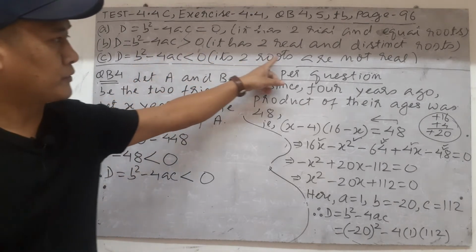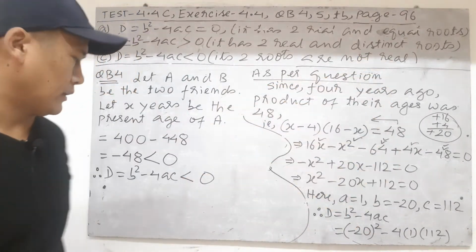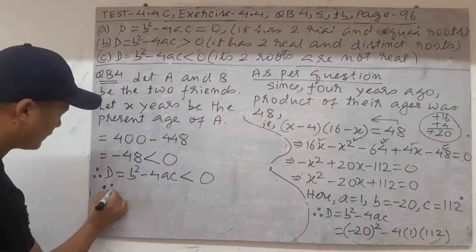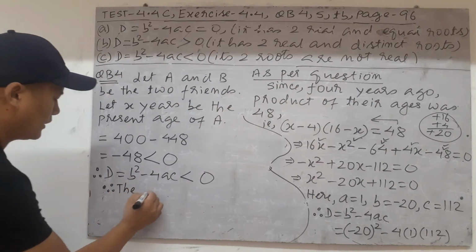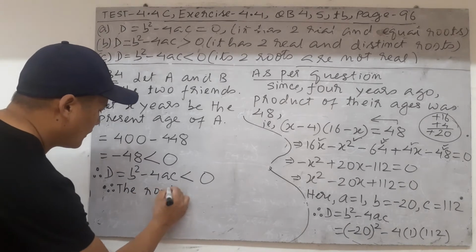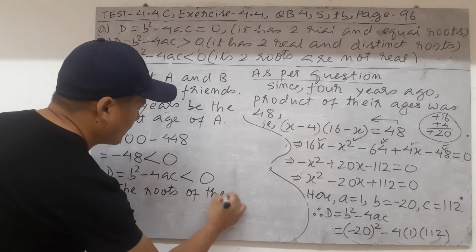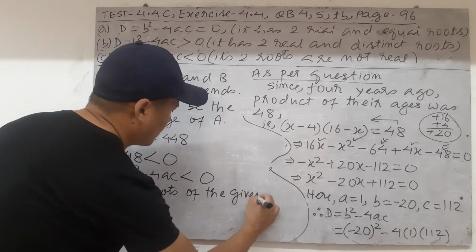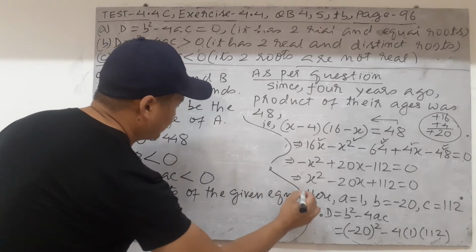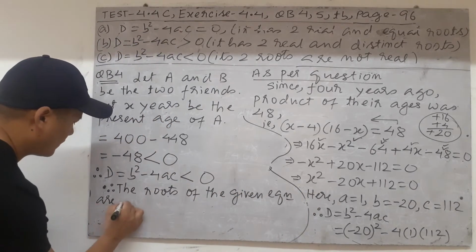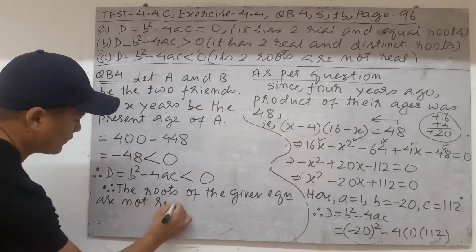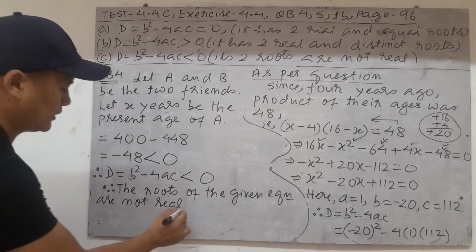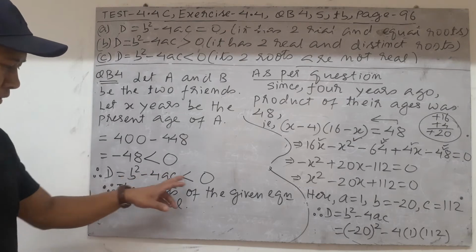So its two roots are not real. Therefore the roots of the given equation are not real, because b squared minus 4ac, or the D value, is less than 0.